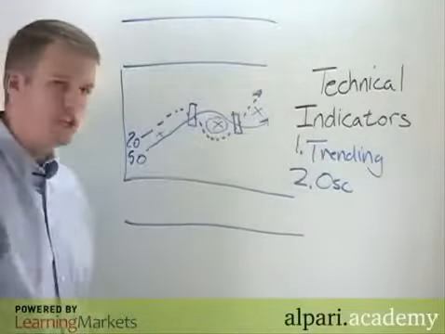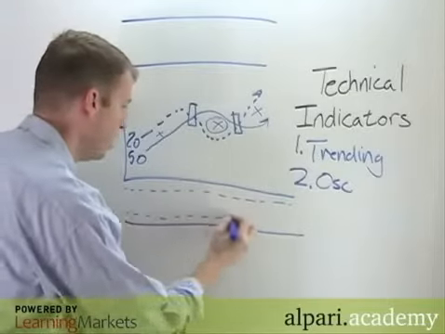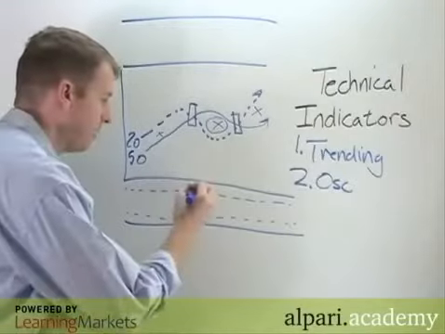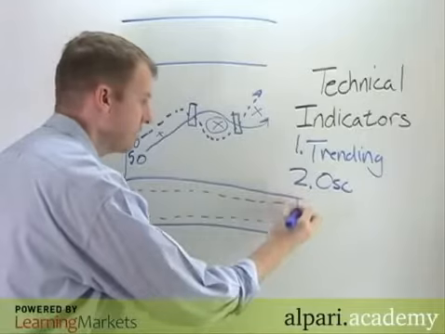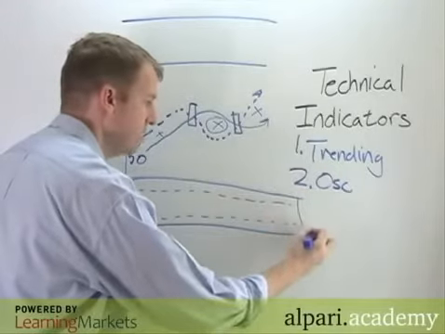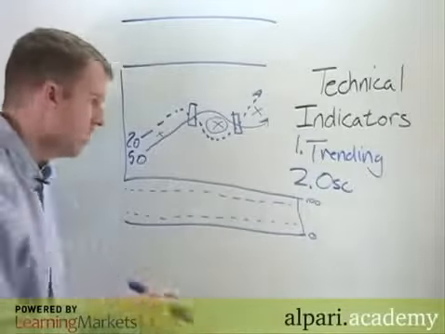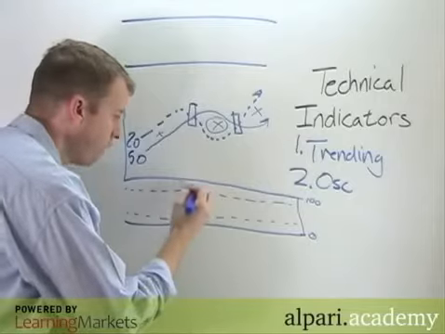Now, in some shape or another, most oscillators will have an upper and lower no man's land, if you will. In other words, they'll have a point up here above a certain level. It's very common to see oscillators moving from 0 to 100. What they're looking at is price movement over time, and these things will move up into overbought territory.